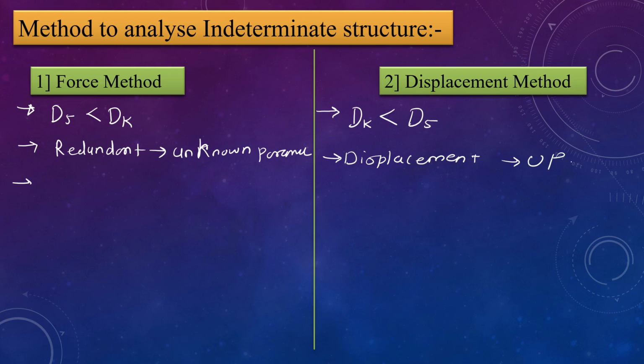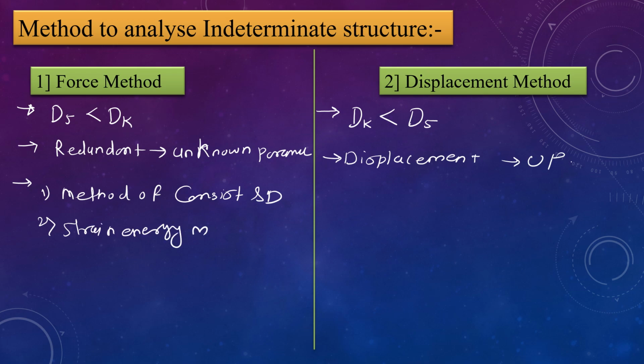Next, there are a few methods in the force method. First one is the method of consistency, also known as the method of deformations. Second is the strain energy method. Third one is the flexibility method.